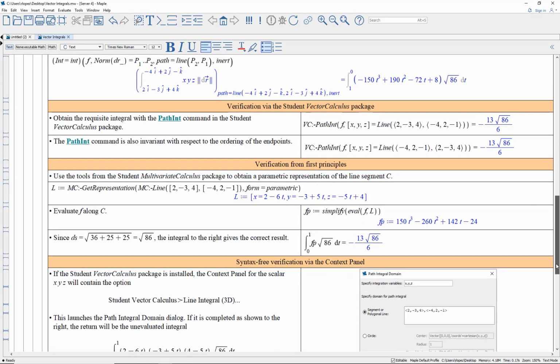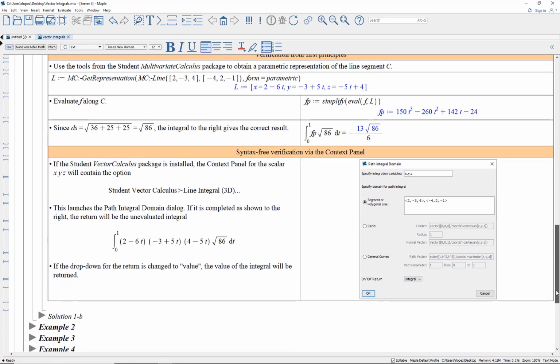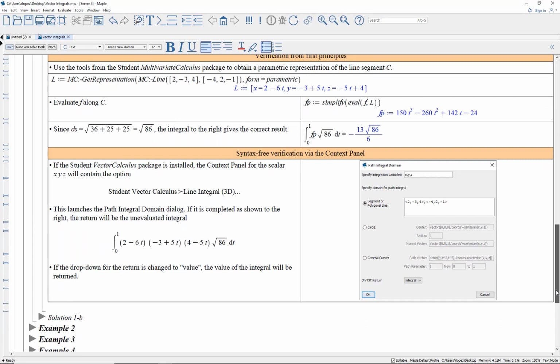We can also do a syntax-free verification using the context panel. So if you have the Student Vector Calculus package installed, the context panel raised on the scalar XYZ will contain the option Student Vector Calculus, Line Integral, 3D.